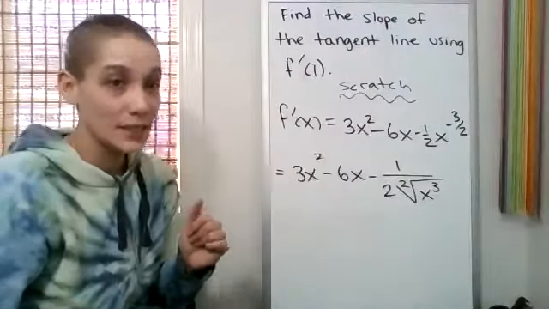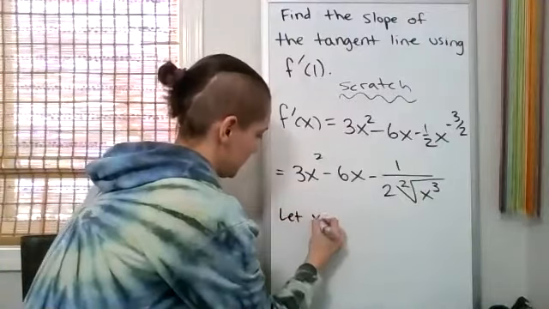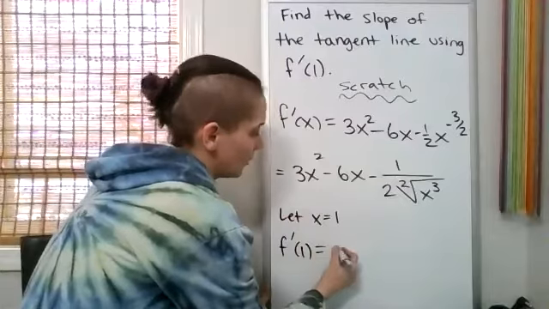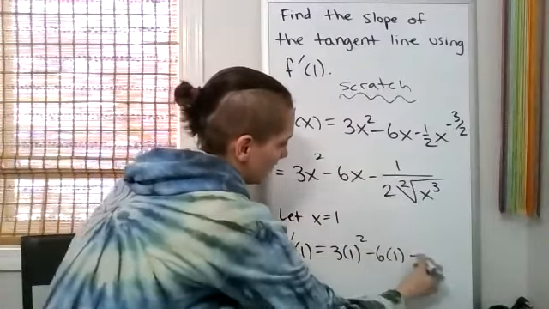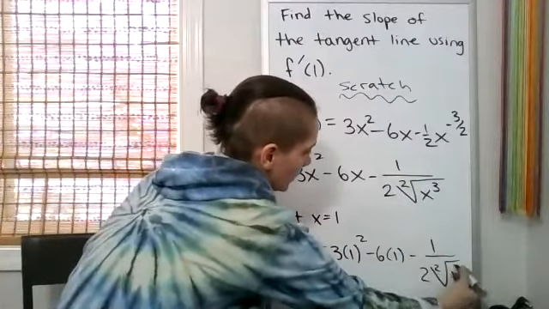It's fine. And let's do f prime of 1. 3 times 1 squared minus 6 times 1 minus 1 over 2 square root 1 cubed.